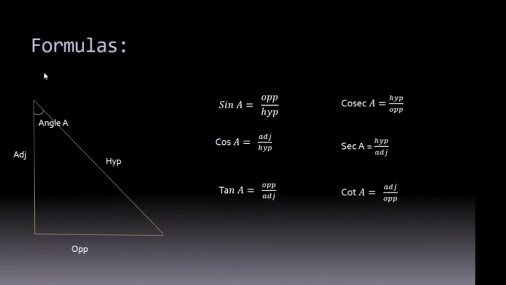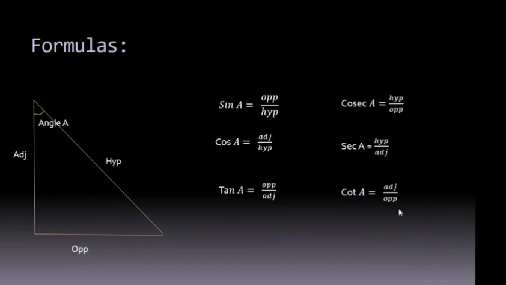Now all the trigonometric functions sine, cos, tan, cosec, sec and cot at this particular angle A can be written in terms of the adjacent side, opposite side and the hypotenuse. Okay, and this is how they are expressed. I can write my sine of A as opposite side upon hypotenuse, cos as adjacent upon hypotenuse, tan as opposite upon adjacent and so on.